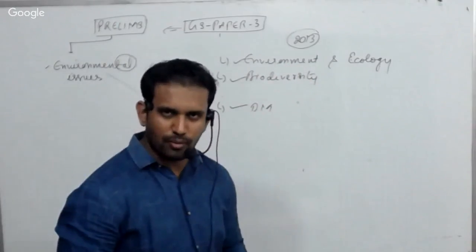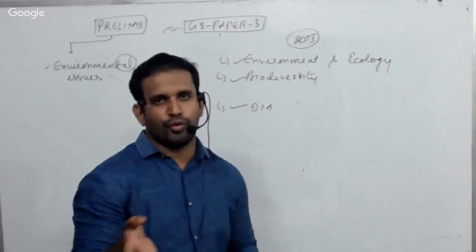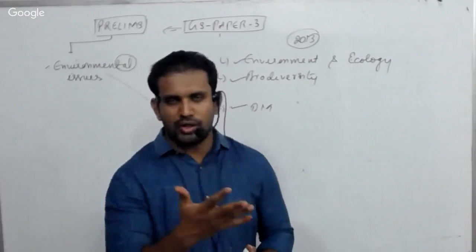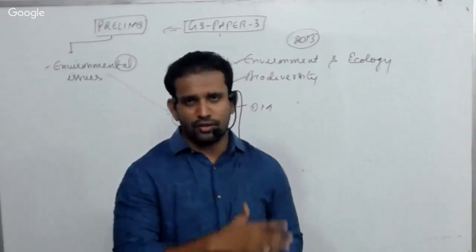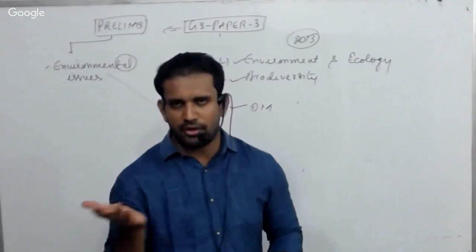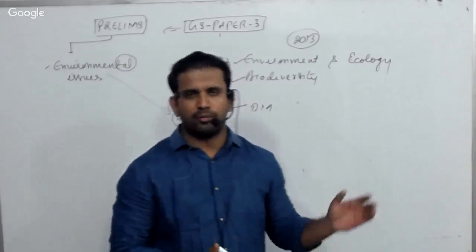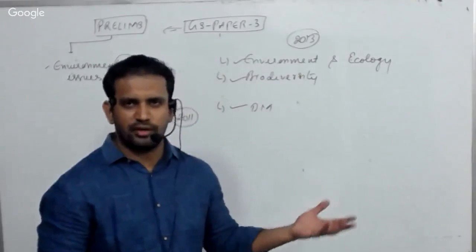So we generally say that if you want to refer to GS paper 3 questions related to environment, you have to see from 2013. Why? Because before 2013 there was no environment and biodiversity in the syllabus itself, so we don't have the questions.